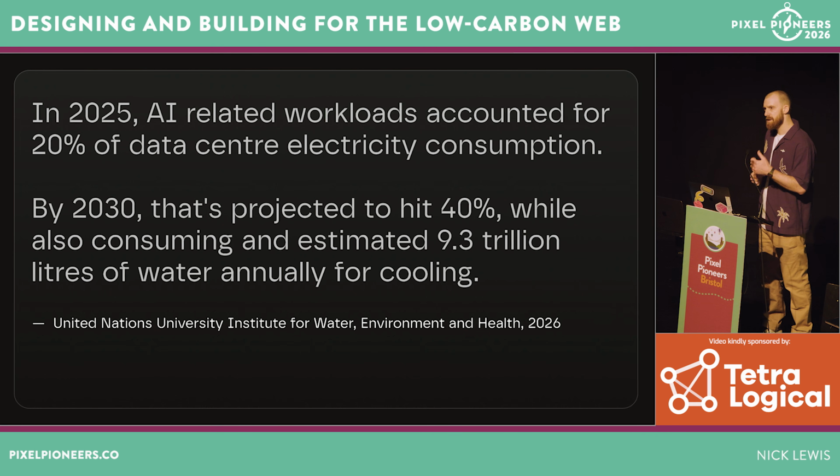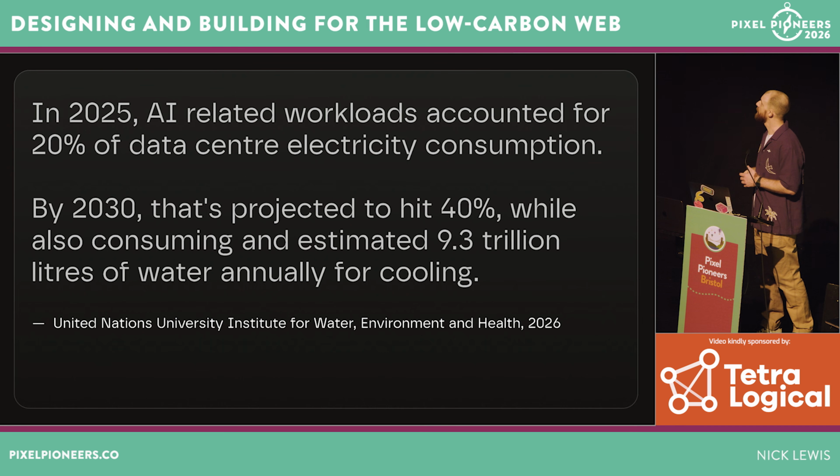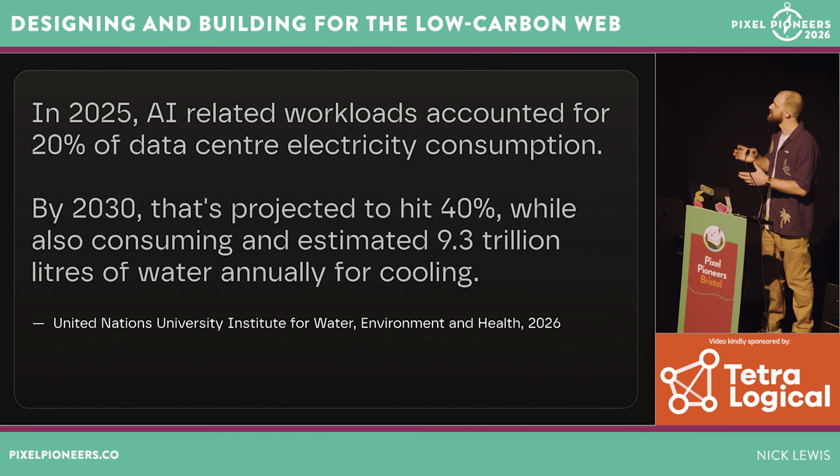I didn't mention earlier, but data centers in total around the world use about 10% of the global electricity. So this is AI just using about 20% of that. By 2030, obviously, it's predicted to be 40%, whilst also consuming a ridiculous amount of fresh water used for cooling. Now, there are many different ways to cool data centers, but still the predominant one is flushing water around.